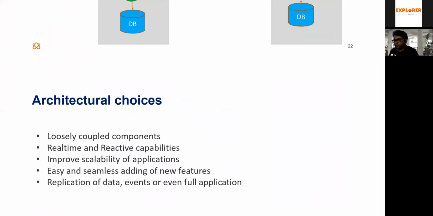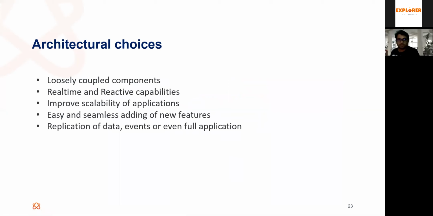Since we have very little time, these are the architecture advantages. We get loosely coupled components, we can work in a reactive and real-time way, and improve scalability, with easy and seamless addition of new features.